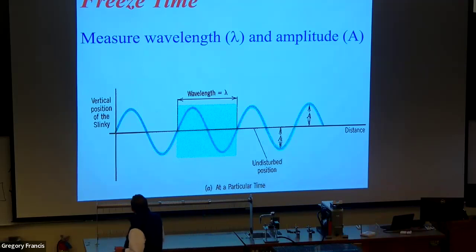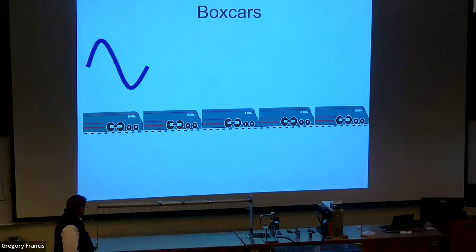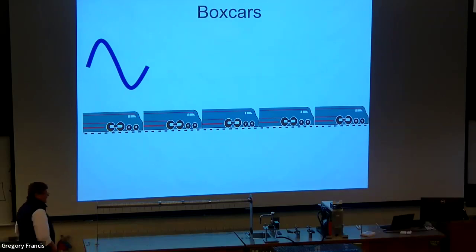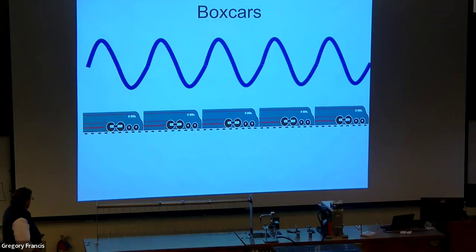Now, those wavelengths are often best thought about like boxcars on a train. If the boxcars are all the same length, we would think of each boxcar as a wavelength, and the wavelength is just how long the boxcar is.